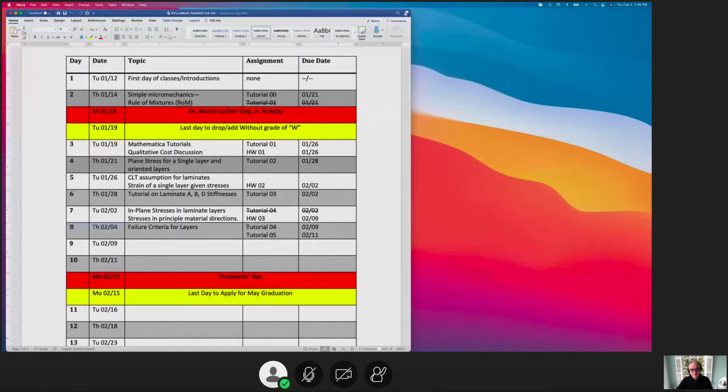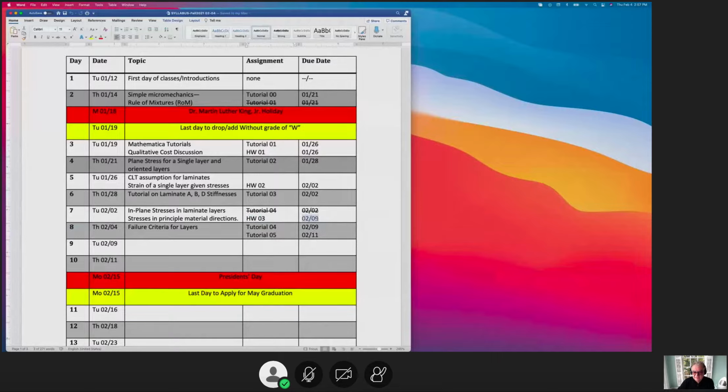So I shifted the tutorial 4 assignments, meaning that whenever there's an assignment as tutorial, you're supposed to at least review it by the assignment due date. So I made that next Tuesday the 9th, and you'll get that before then.